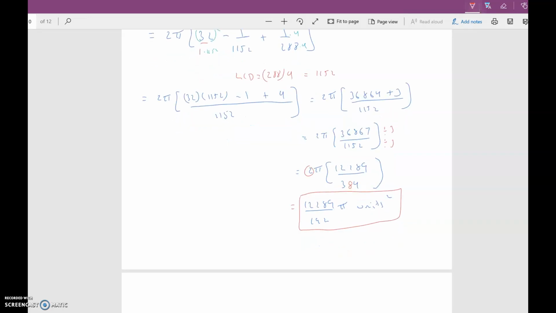So 12,289 times pi divided by 192, I'm getting approximately 201.078, and it's actually units squared.